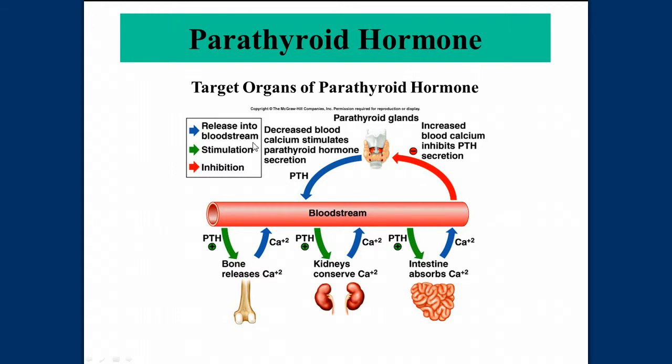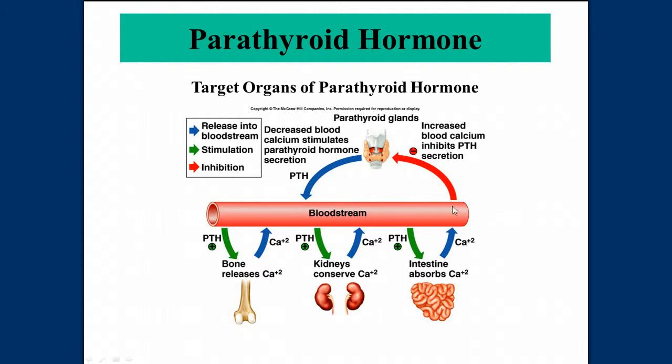So if it's released into the bloodstream, these things can happen, and if the levels are adequate or too high, then the increased blood calcium inhibits PTH secretion. So it's regulated by calcium levels in the blood. This is what stimulates the parathyroid to release parathyroid hormone if the calcium levels are too low.